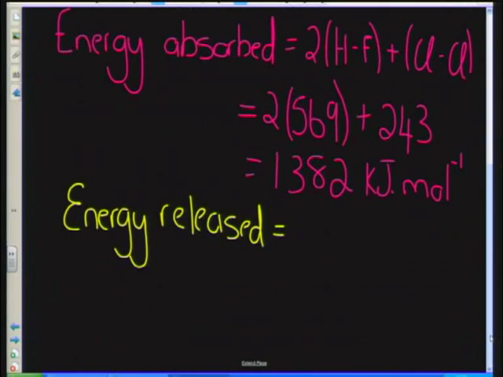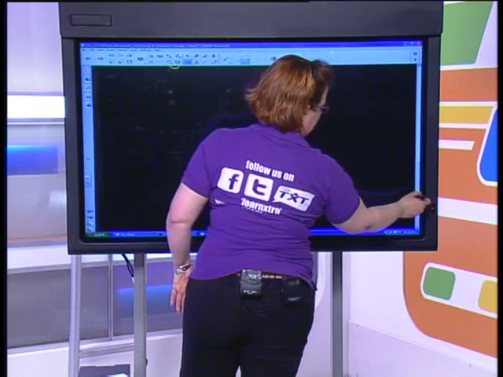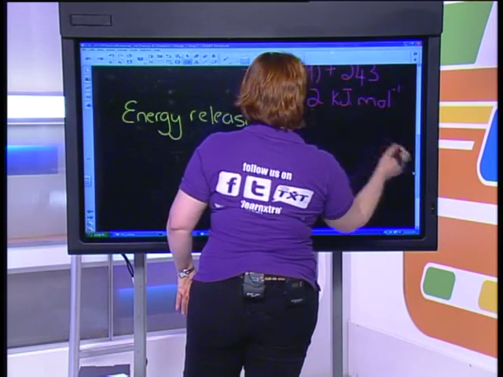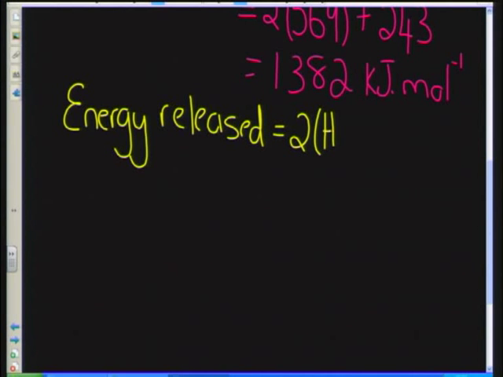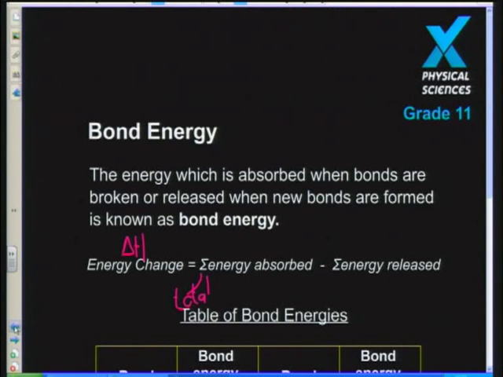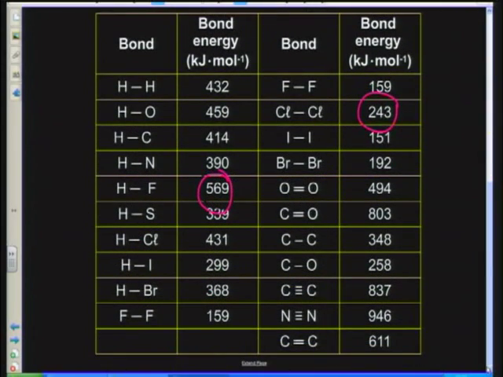Two HCl bonds, single bonds, we know that, plus 1 fluorine bond. We go back to our table because this helps us decide what we've got. We've got 2 HCl bonds, so it's 431, and 1 fluorine bond, which is 159.